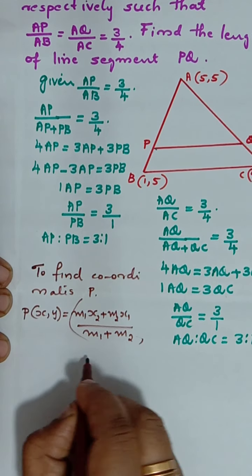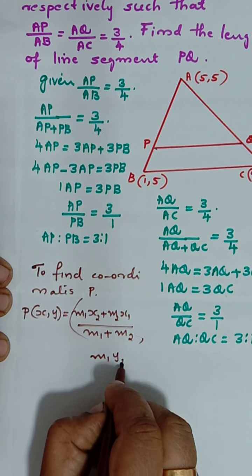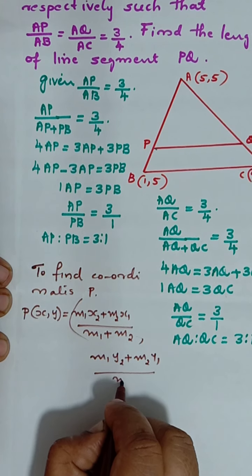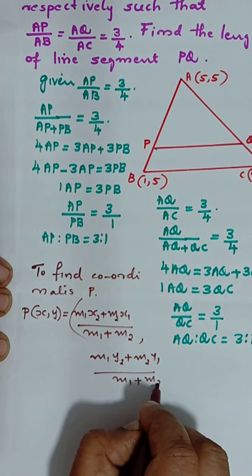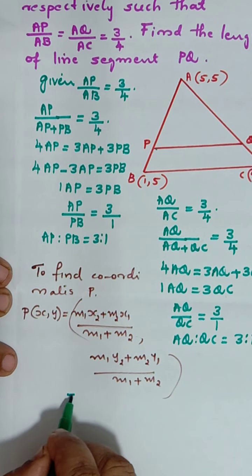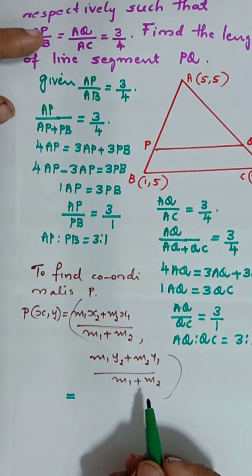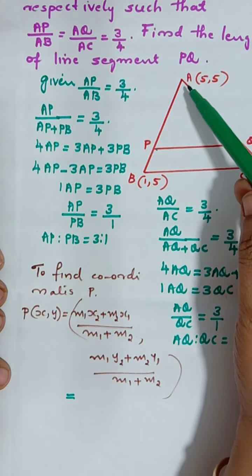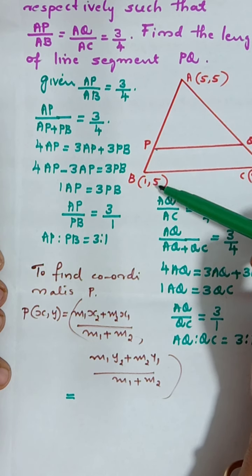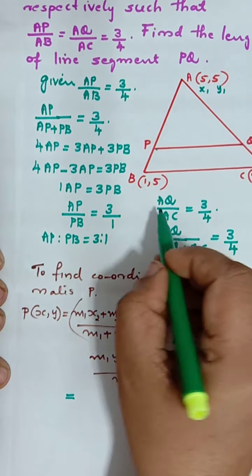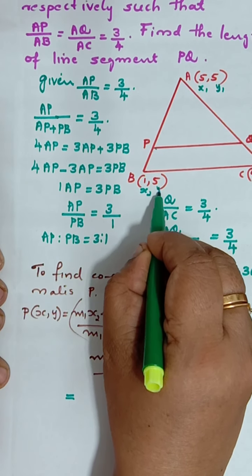Same way, m1y2 plus m2y1 divided by m1 plus m2. Now let us substitute, Pxy, for AB, A is 5 5, B is 1 5. So this is our x1 y1 and B is x2 y2.